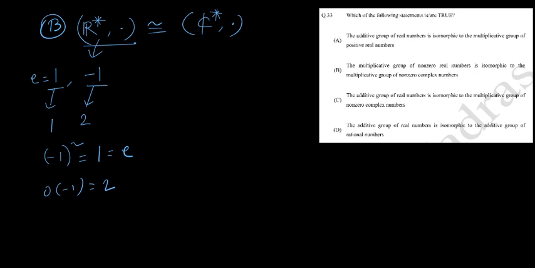Now in C star, 1 is the identity element. The order of -1 is 2. The order of the identity element is 1, the order of -1 is 2, the order of iota is 4, and the order of minus iota is 4.